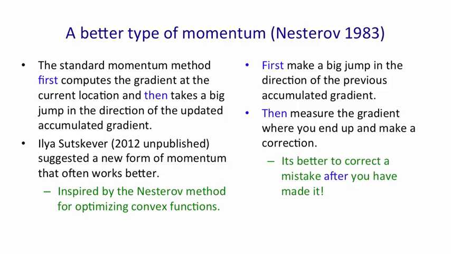One way of thinking about what's going on is, in the standard momentum method, you add in the current gradient, and then you gamble on this big jump. In the Nesterov method, you use your previous accumulated gradient, you make the big jump, and then you correct yourself at the place you've got to.